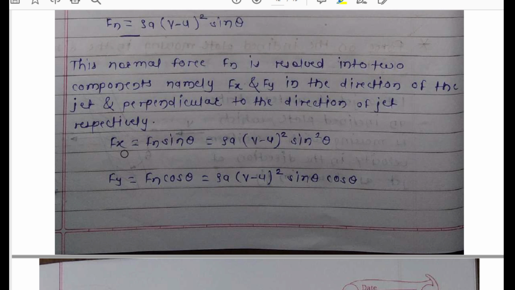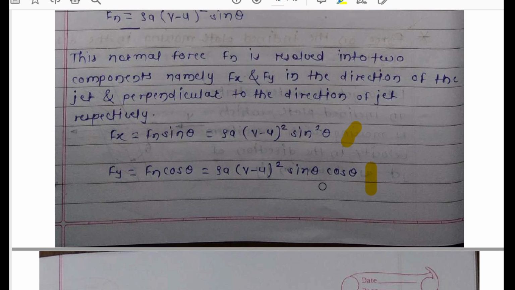Put the value of Fn in this, and we get two components: rho a (v minus u) square sine square theta, and rho a (v minus u) square sine theta cos theta.